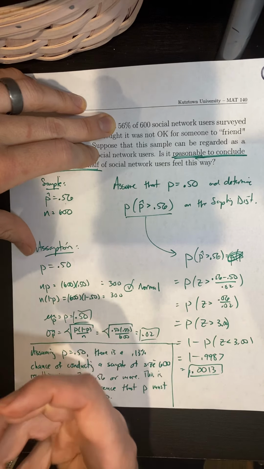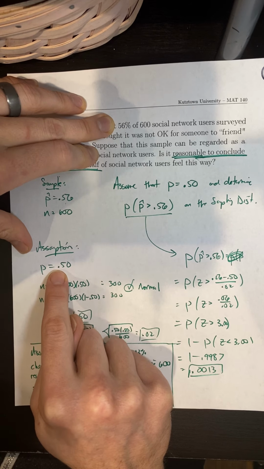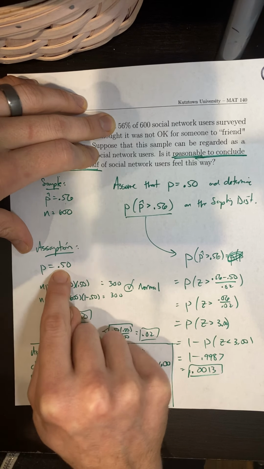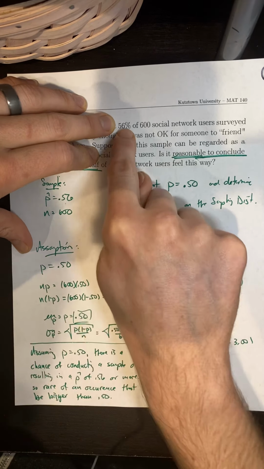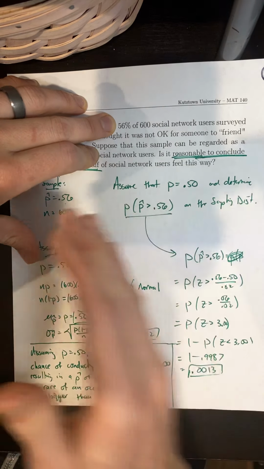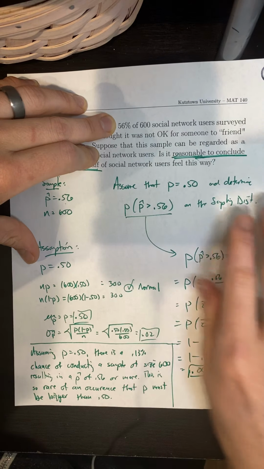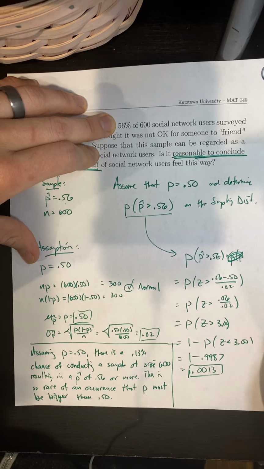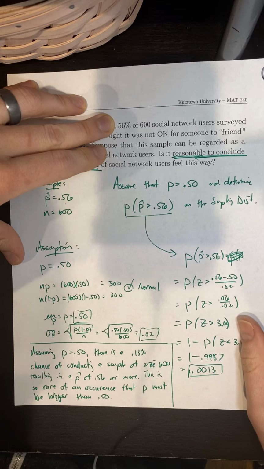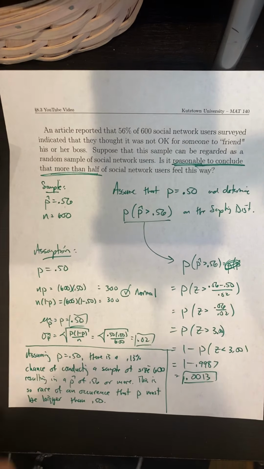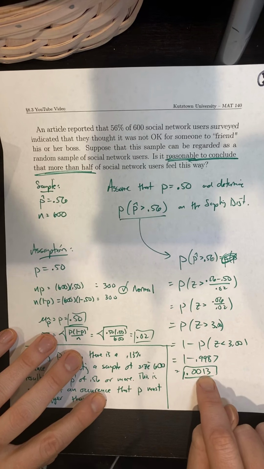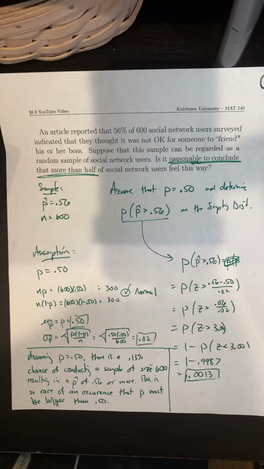It's so rare of an event that I'm going to throw away my original assumption because there's no way this is true. And so, since 56% landed on the right-hand side of 50, the true proportion must be bigger than 50%. Okay, so that all hinges on the fact that this is a very, very rare chance. All right, hope that helps out.